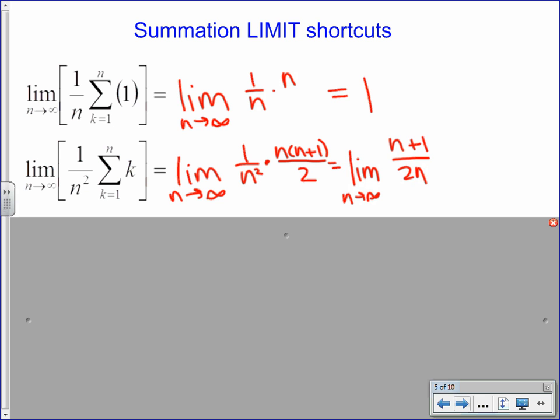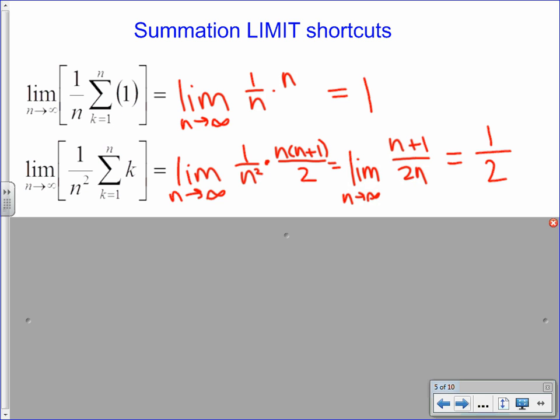It's a rational function, infinity over infinity, so you have to take the derivative. We're using L'Hopital's rule. The derivative of the numerator is 1, over the derivative of the denominator, which is 2. You can also think about where the horizontal asymptote is, because we're going towards infinity of a rational function.